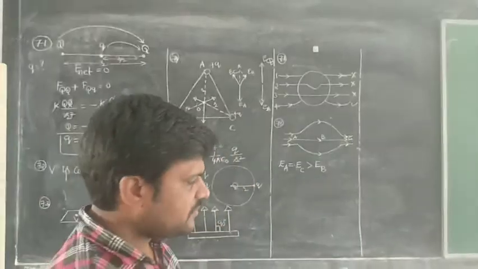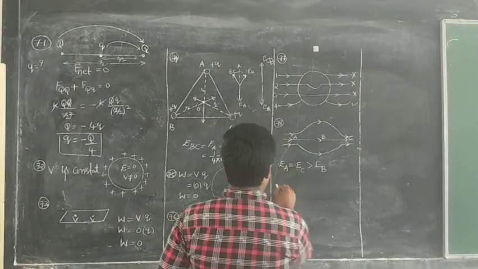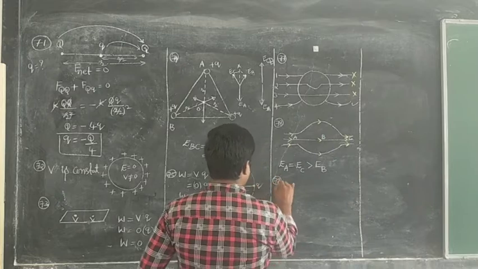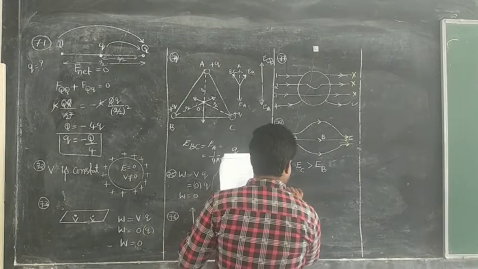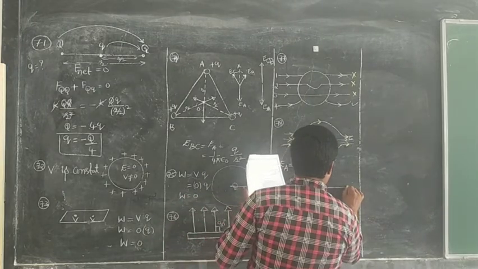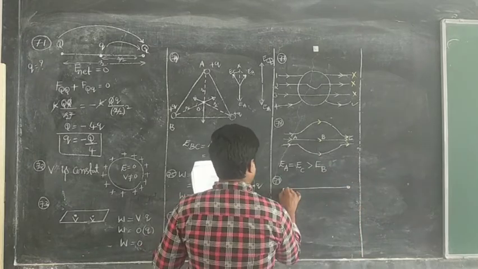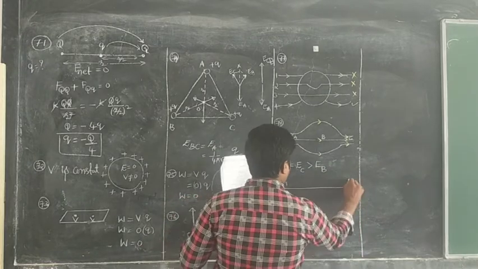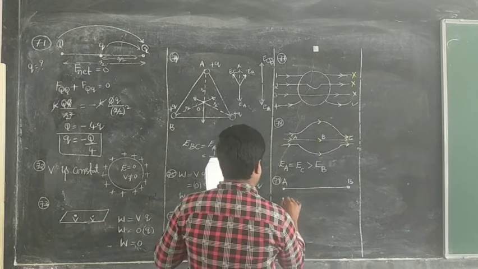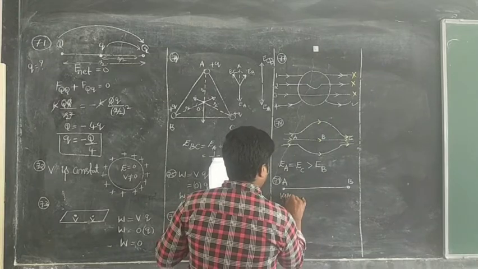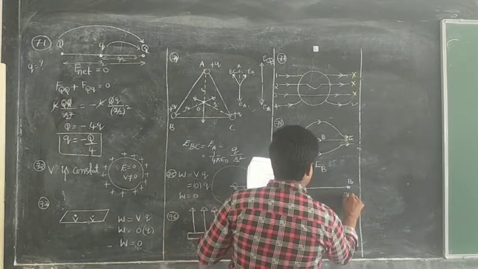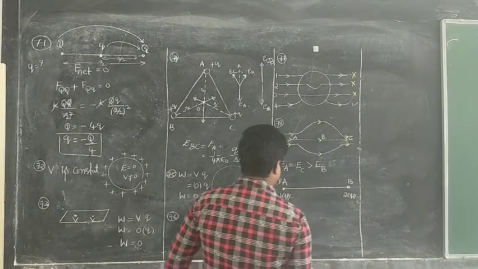Next, just see 79, problem number 79. They have given one diagram, in which there are 2 charges. This is point A, point B. At point A there is 10 microcoulomb, and here 20 microcoulomb charge is there.